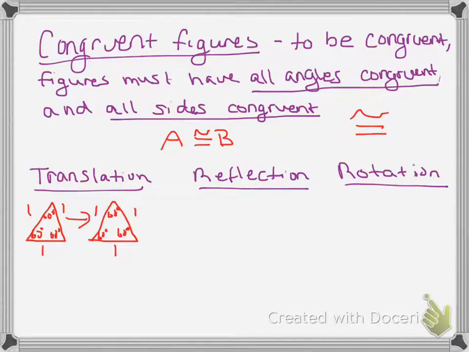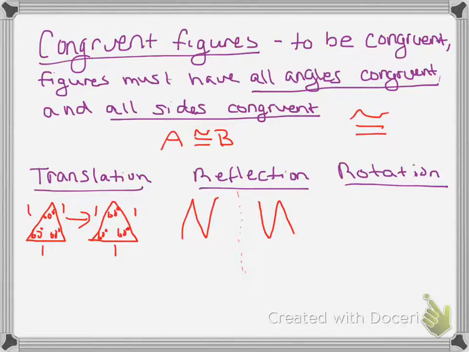For a reflection, same thing. If something is being reflected over a line, let's say the letter N, and this is our line of reflection, when you flip it over, it's going to look like that. Now, yes, it is facing differently, but if I had not freehanded this, they would be exactly the same.